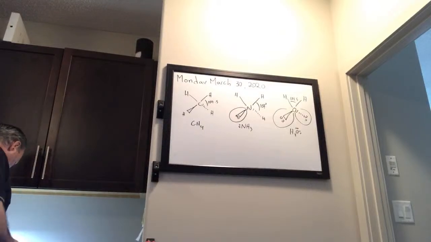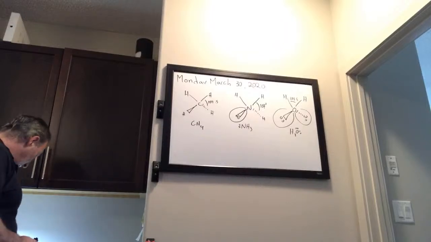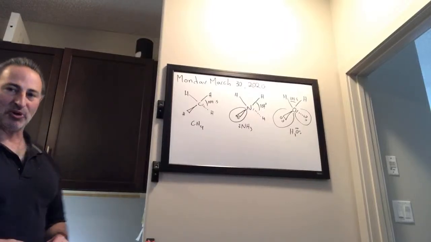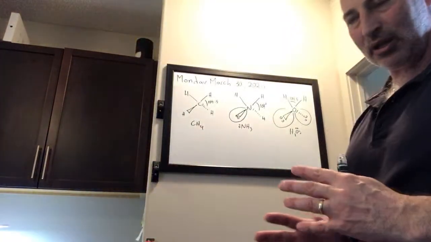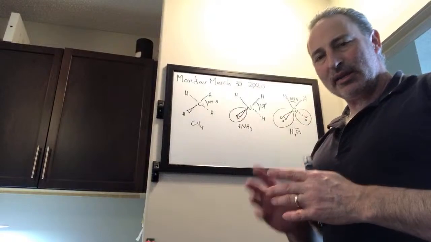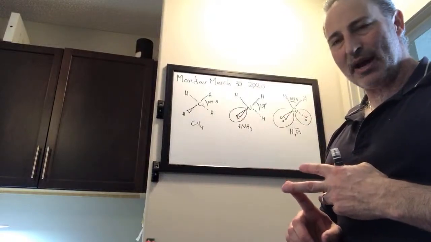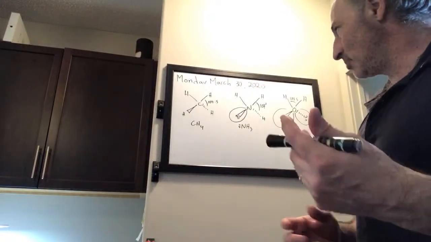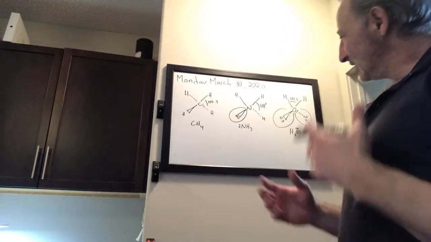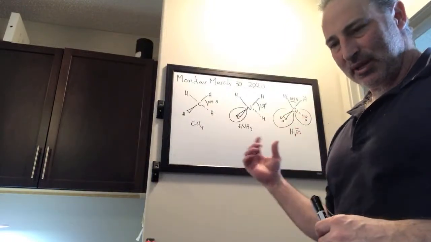Now what you should memorize are pages 351 and 354 in your textbooks. It shows you a chart of all the different shapes that you get with molecules based on how many lone pairs and bonding pairs you have within the molecule. So it's up to you to read that chapter. It's really not the best place for me to write all these notes.